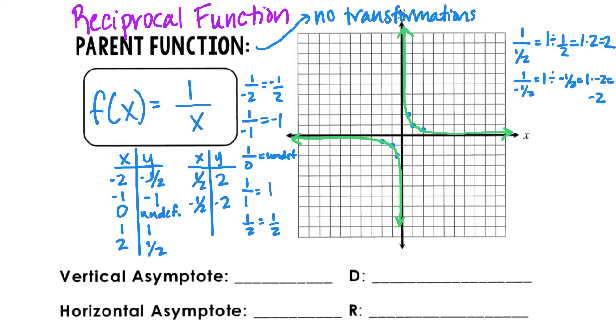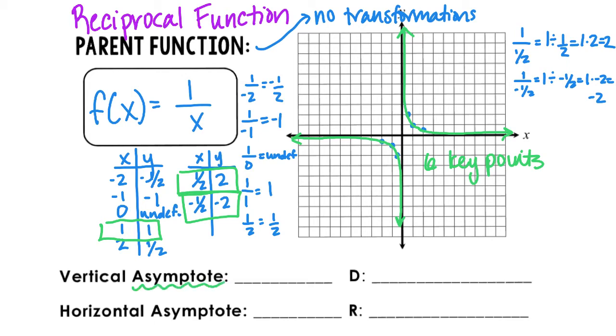I have some key points. 1, 1 is definitely a key point. And then 1/2, 2 is also definitely a key point. And -1/2, -2. I guess all of these would be key points, these 6 key points. So now it comes to talking about asymptotes.